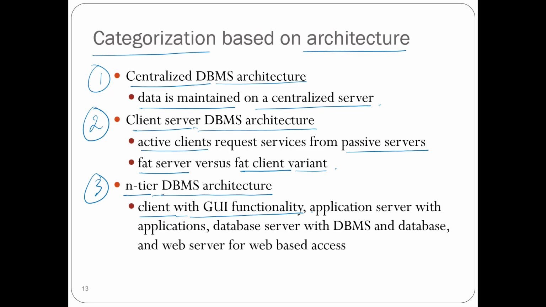And then after the client, you will have different servers: an application server which will run the applications, another server that is the database server, which will keep the DBMS and the database, and we can also have a web server that will allow web-based access. So this third example is an extension of the client server DBMS architecture.